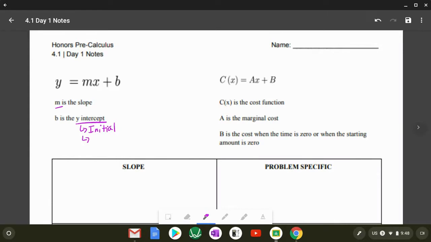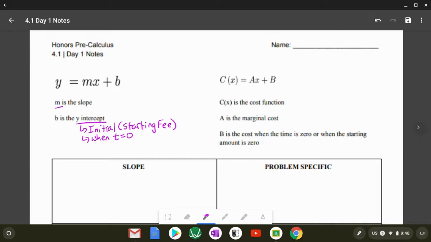Remember, because it is the initial part, this may be the cost when t equals 0, t being time typically. And again, initial, it could be a starting fee. So again, now that we're in honors pre-calc, you're going to read a lot of word problems, interpret it. You need to recognize what the starting value is and then what is the cost per item.